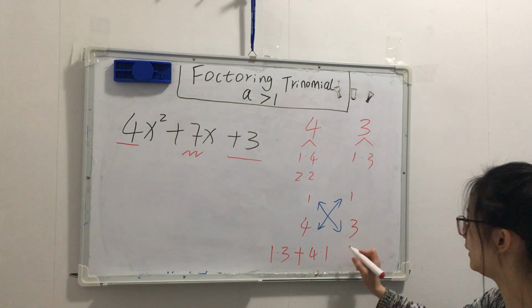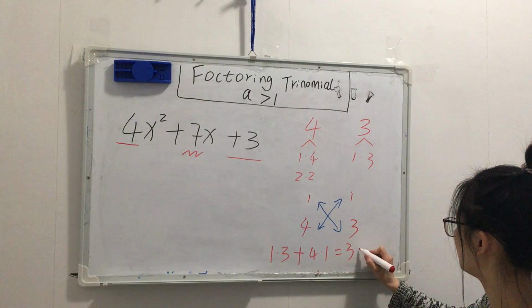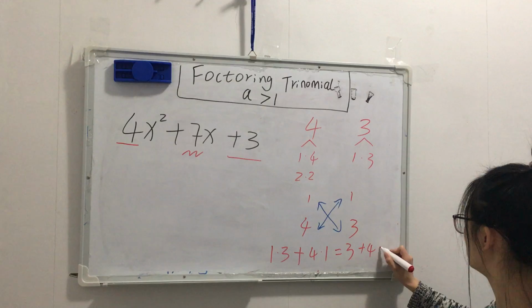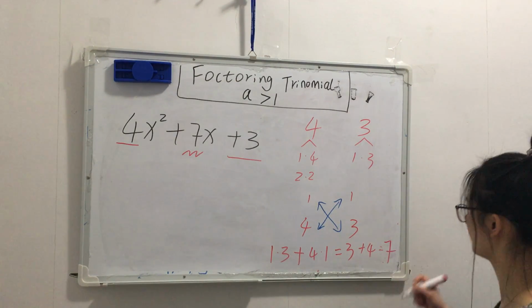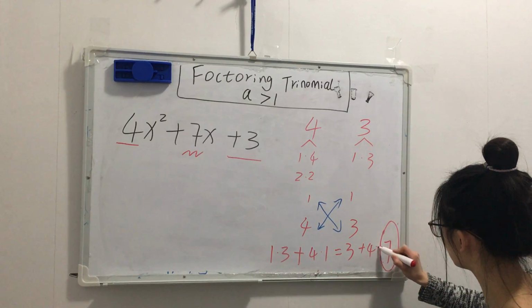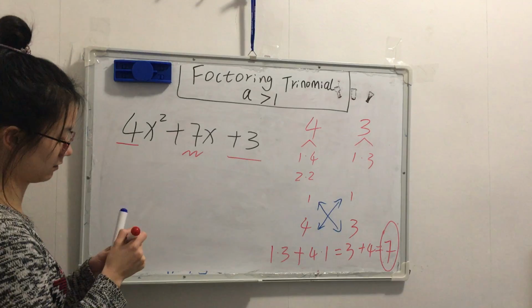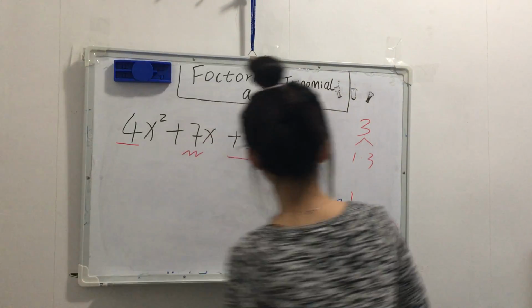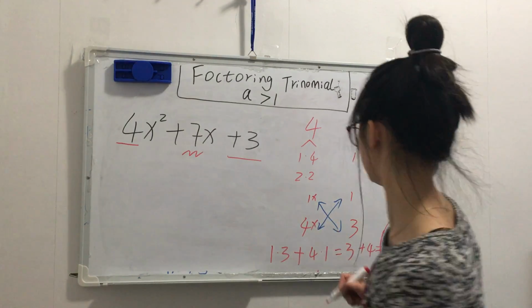1 times 3 is 3. 4 times 1 is 4. So 3 plus 4, which is 7. You see this 7, which is our B term. That's what we want. So now how do we write it in factor form? We add an x here, and an x here.